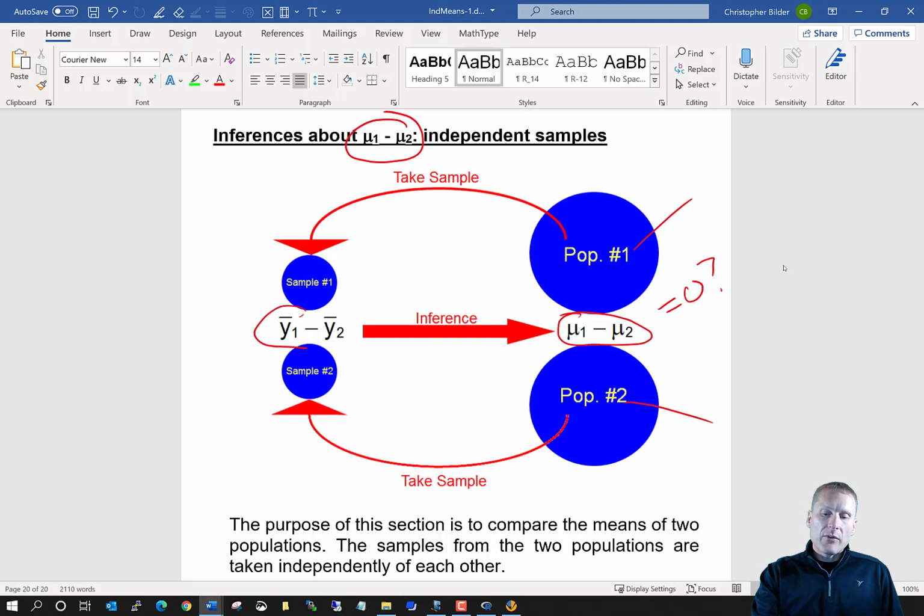In the sample, then, we calculate the corresponding set of statistics. Y bar 1, sample mean from sample number 1. Y bar 2, sample mean from sample number 2. We subtract the two so that we can make comparisons. Then, as we've done before, using what we obtained from this sample, this set of information that's more manageable to work with, we then make inferences back to the population itself.